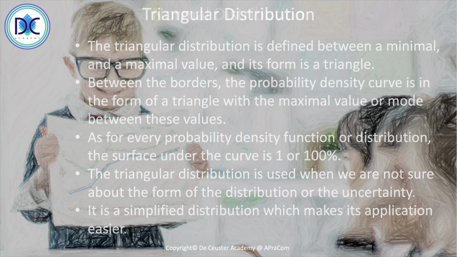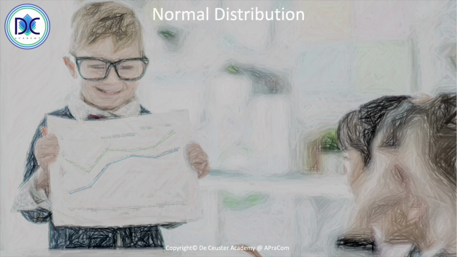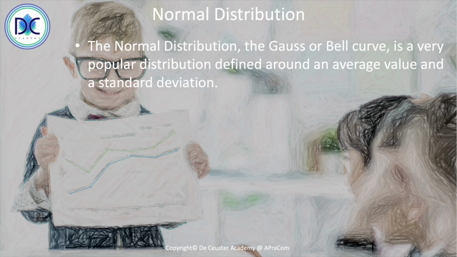The normal distribution, or the Gauss or bell curve, is a very popular distribution and is defined around an average value and a standard deviation. So we only have two parameters here, an average value, the mean, and a standard deviation.